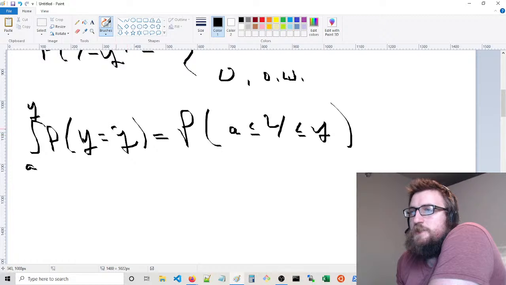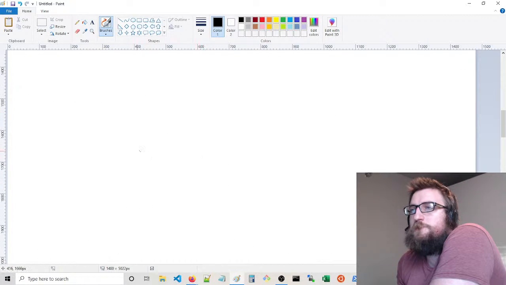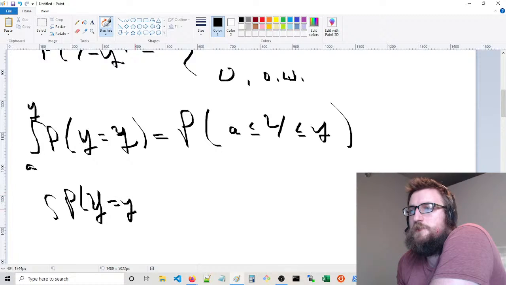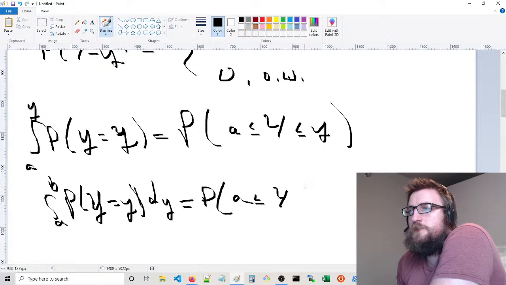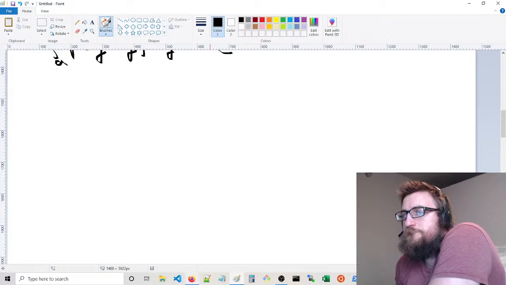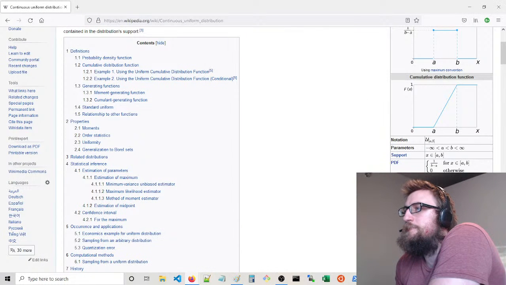Something like this, right? And then the CDF, the cumulative distribution function, is actually this, P of y dy from a to b. Which is exactly this cumulative function here.